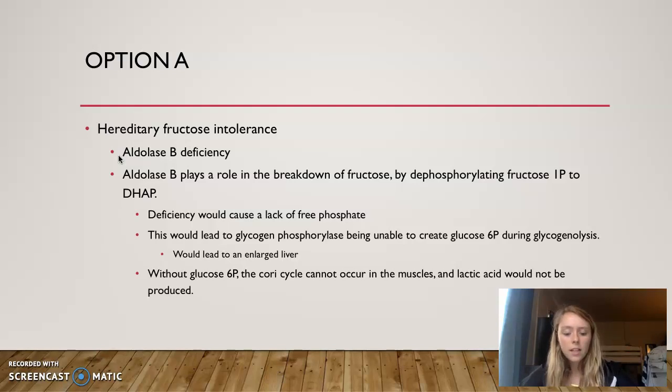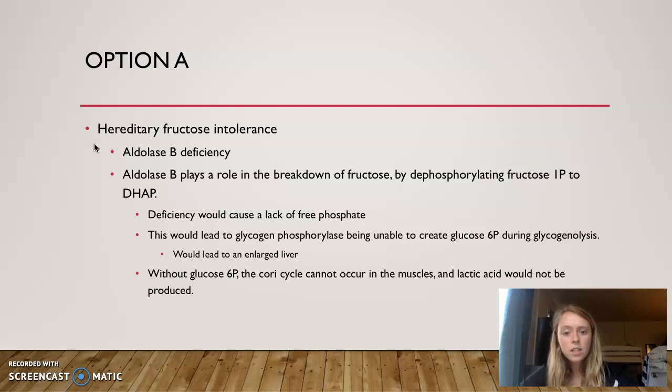So, back to the enzyme glycogen phosphorylase that phosphorylates the glycogen and creates glucose 6 phosphate. If you don't have free phosphate to phosphorylate this, then you can't make glucose 6 phosphate. So that would lead to the liver not being able to create this glucose 6 phosphate, and that would lead to a buildup of glycogen in the liver, which would explain the enlarged liver.